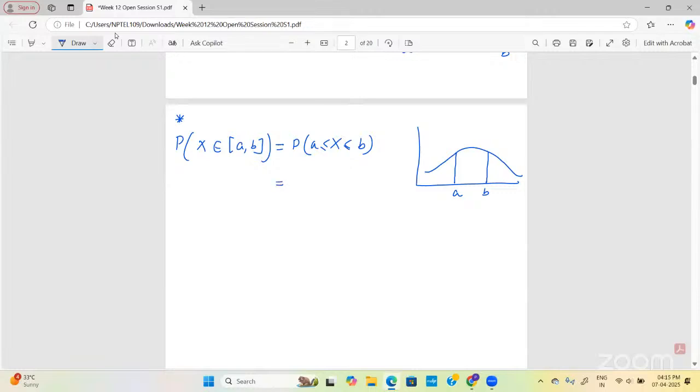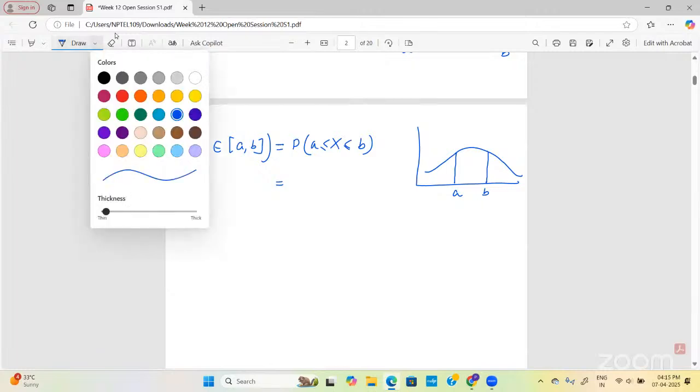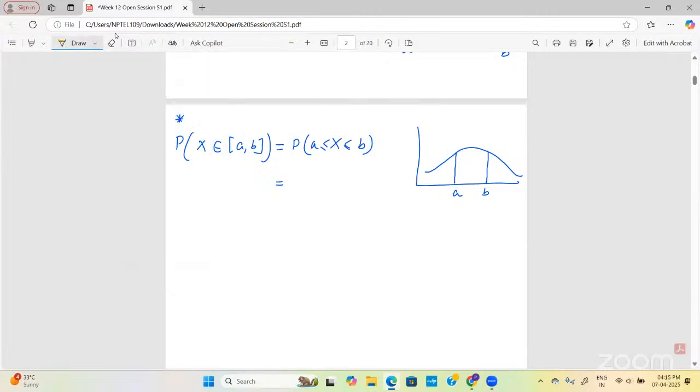And what does this probability represent? It is nothing but the region or the area covered under the curve by the two lines x equals a and x equals b and the curve. So this entire area will be given by this probability.